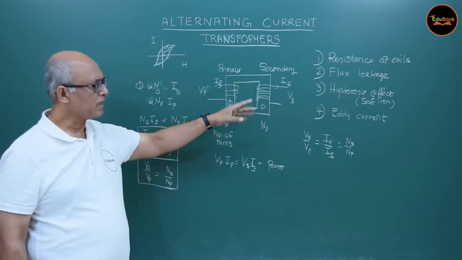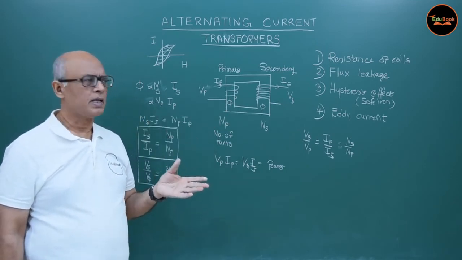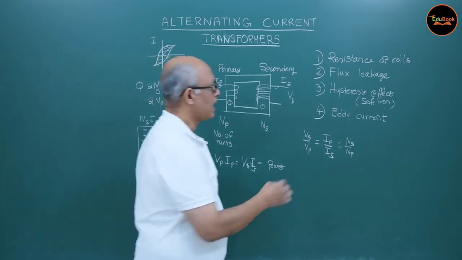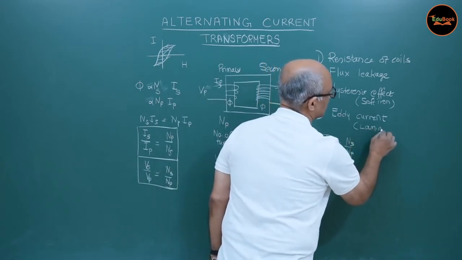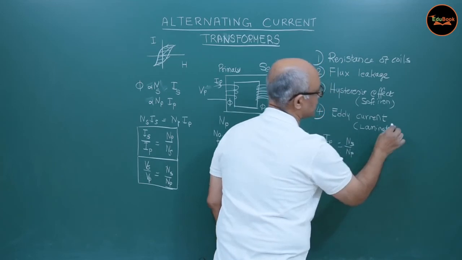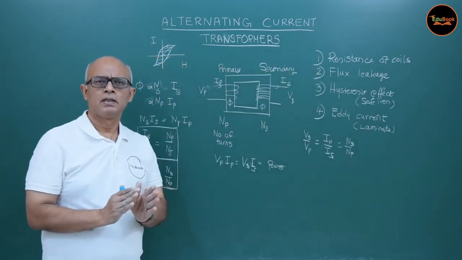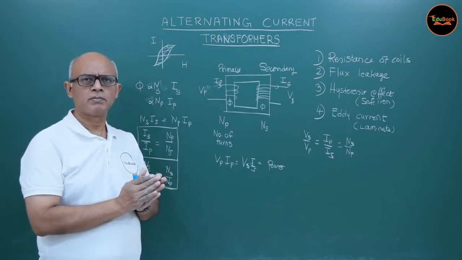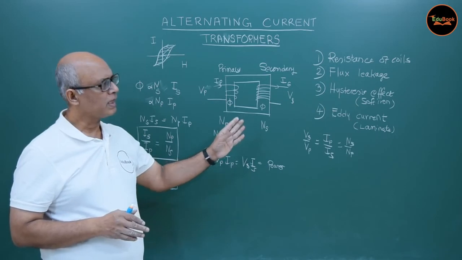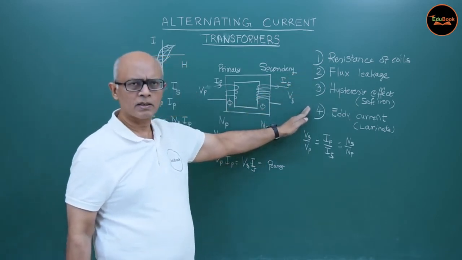Those eddy currents can also cause heat loss, and you can reduce that by lamination, by using layers of soft iron laminated with some insulator in between, so that the eddy current is reduced. So you can reduce all these effects, but you cannot eliminate them.